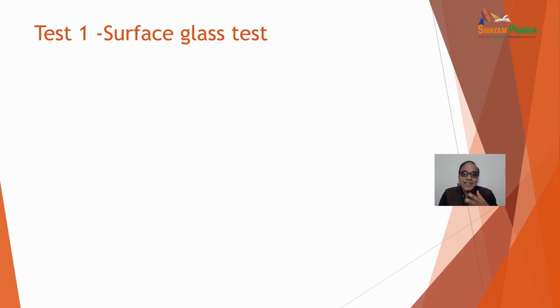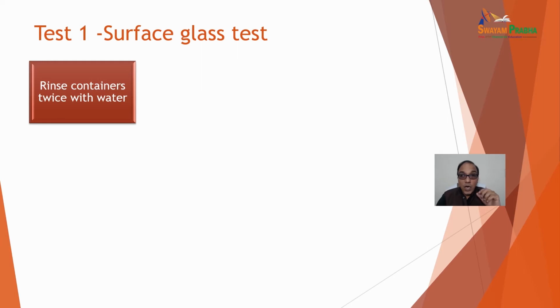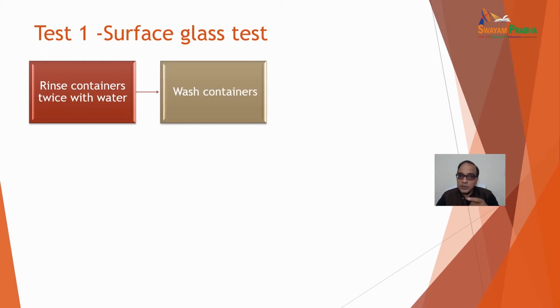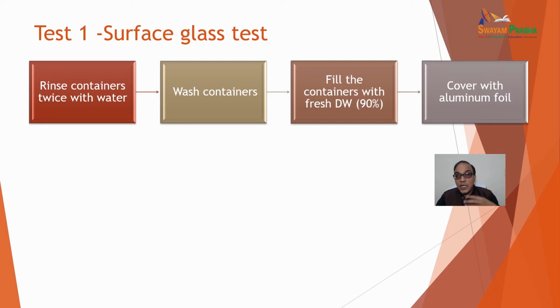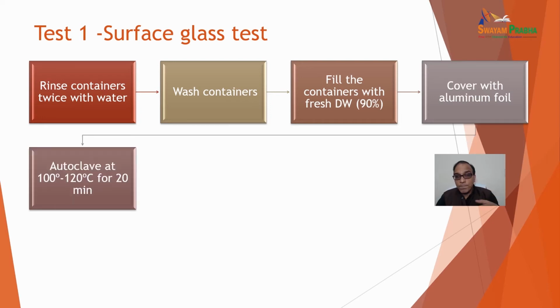Now test 1, that is the surface glass test. Let's see what this test is and what steps we are going to perform. Number 1, rinse the container twice with water. Then wash the containers. Fill the containers with fresh distilled water up to 90%. Cover with aluminum foil.